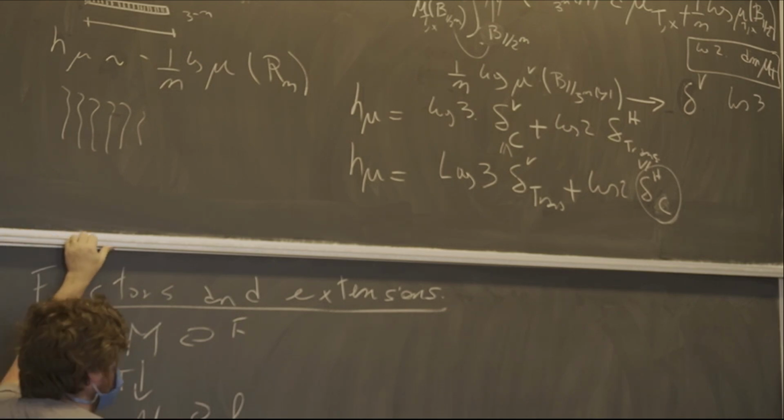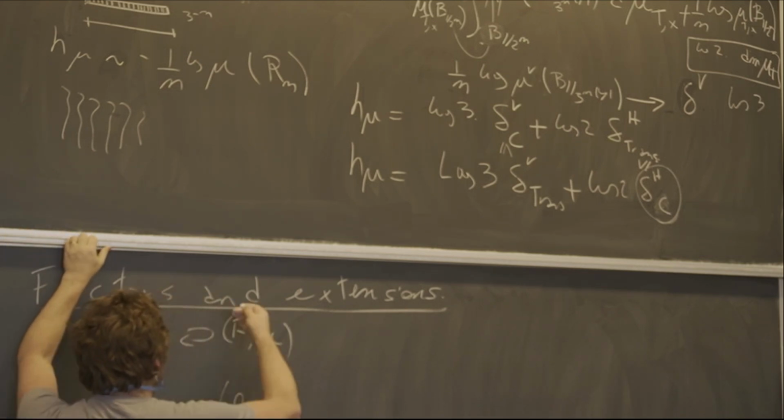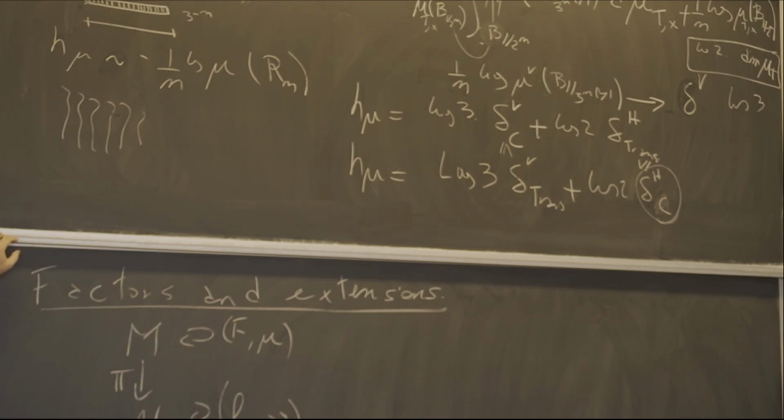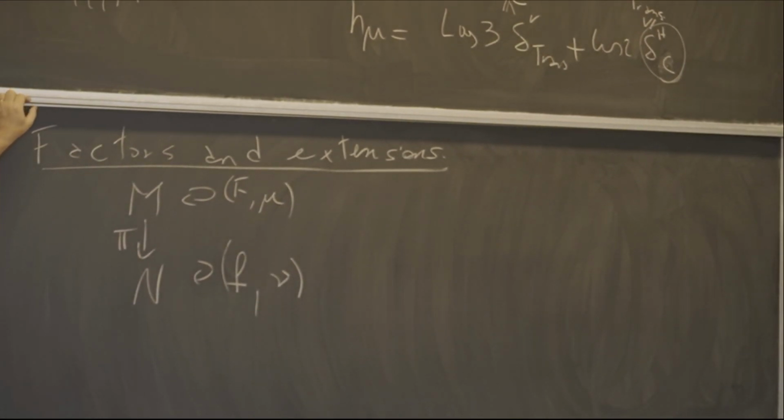If you have a measure, then this measurable factor, and you get this factoring guy. So the diagram commutes, meaning that the pi does the conjugacy business. And you say that little f is a factor of capital F, and capital F is an extension of little f.